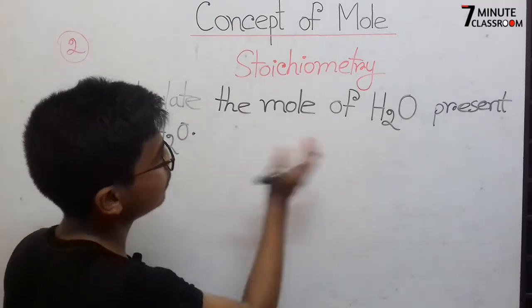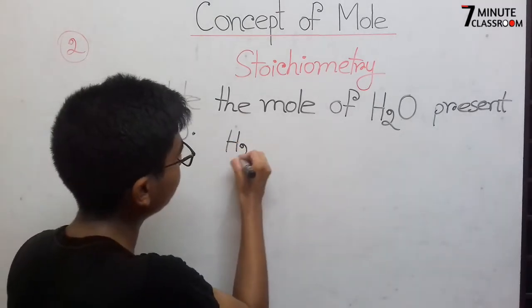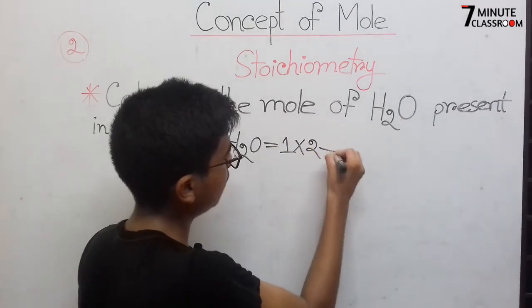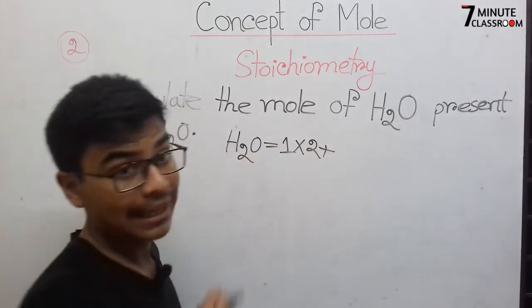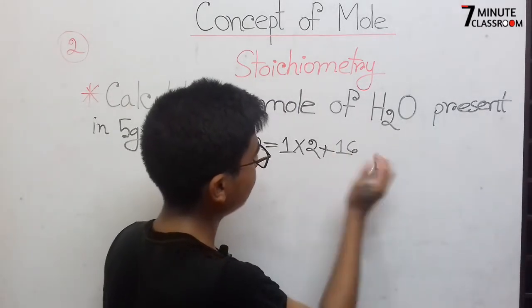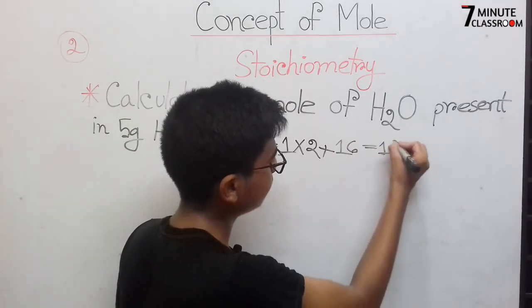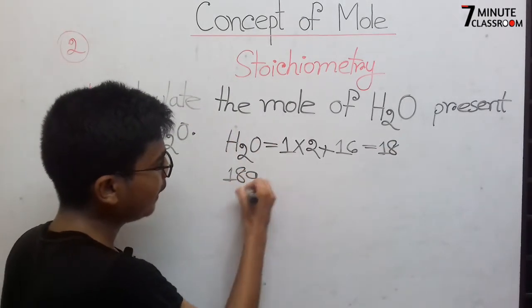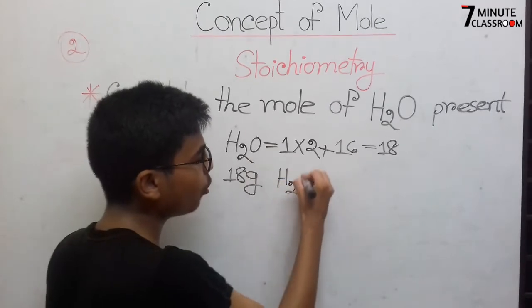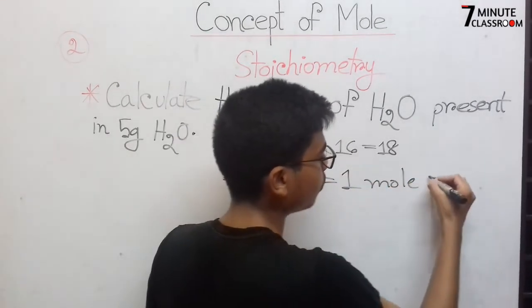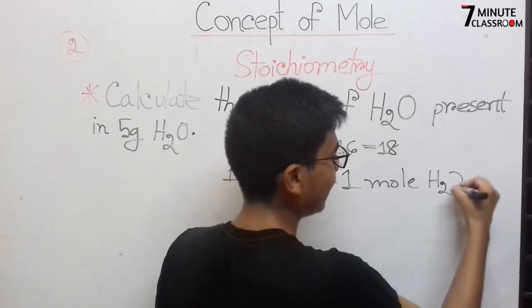The molecular mass of H2O is 1 into 2 plus the atomic mass of oxygen, 16, so that is 18. We know 18 gram H2O equals 1 mole H2O.